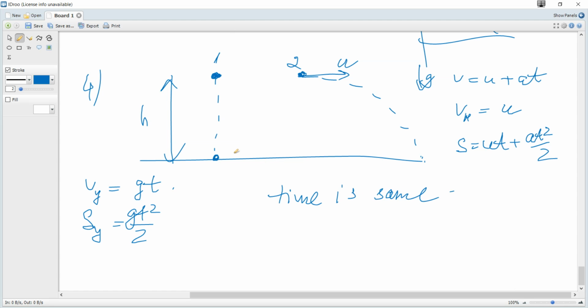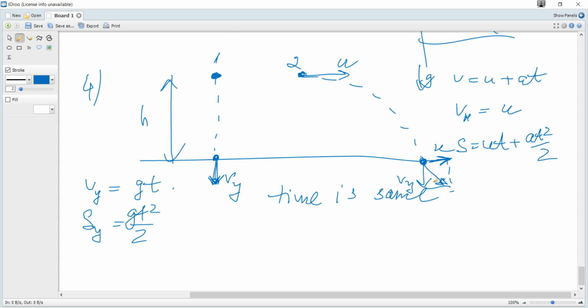But when object 1 hits the ground, it has some vertical component of velocity, which is all its velocity, because there is no horizontal component, so it's actually the resultant velocity. But for object number 2, there is the same vertical component, but there is also a horizontal component, which is u, and the resultant velocity is the sum of two vectors, by the parallelogram rule, and it's this vector.